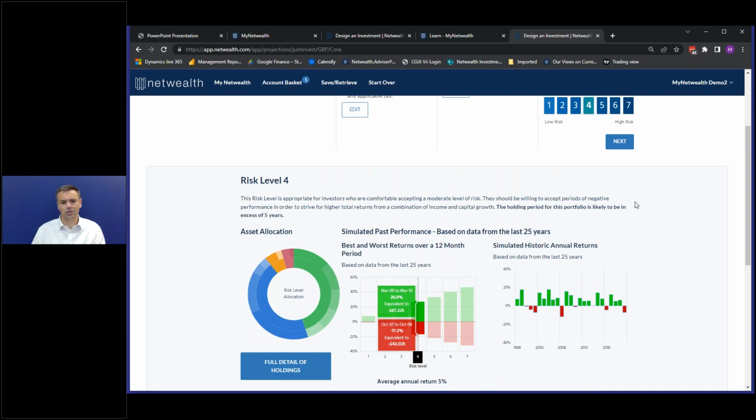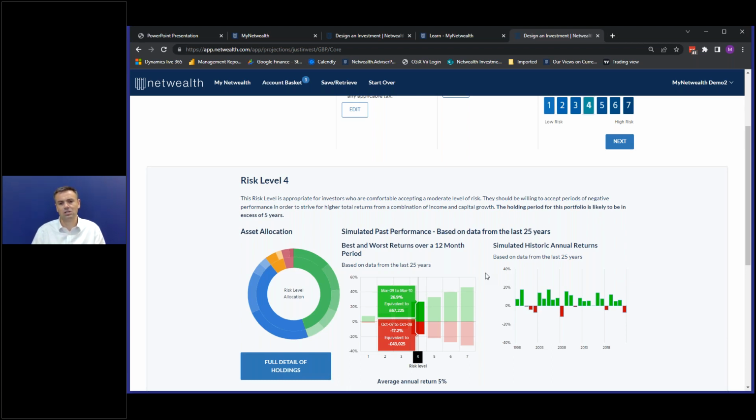And if we look at the middle bar charts here, you can see the way that we try to show people how a portfolio might behave in good times, but also in bad times. So looking back over 25 years of history, what is the worst period of performance that this portfolio might have seen over a given 12-month period, and conversely, what the best is.